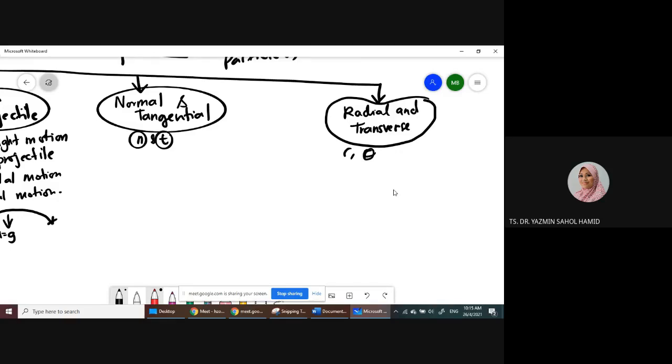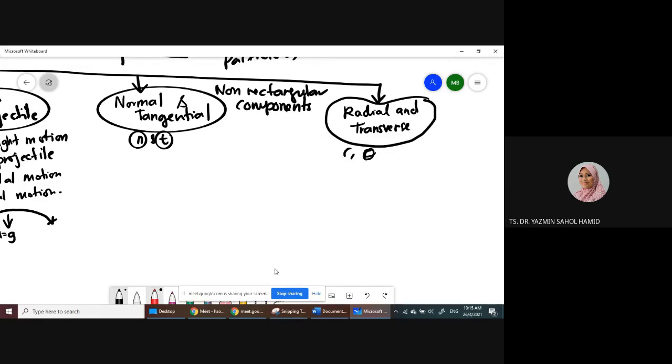Sometimes when you know the path and it gives you the origin location of the particle, then you can use normal and tangential. For your information, normal and tangential and radial and transverse are what you call the non-rectangular components.